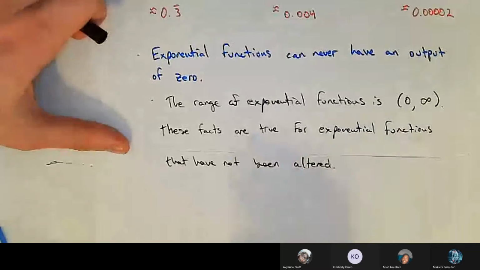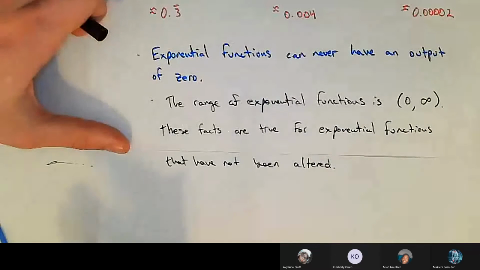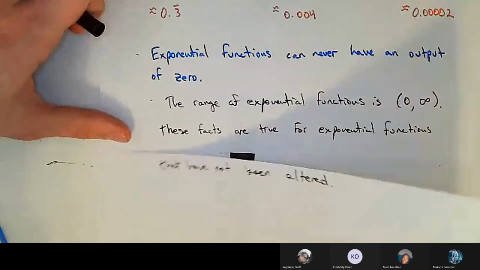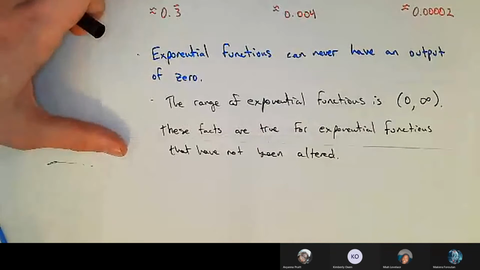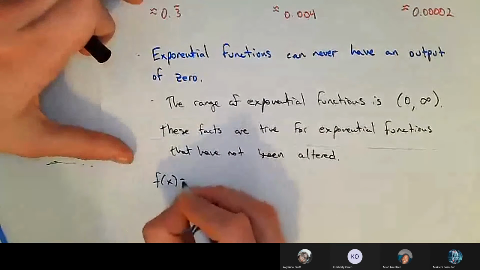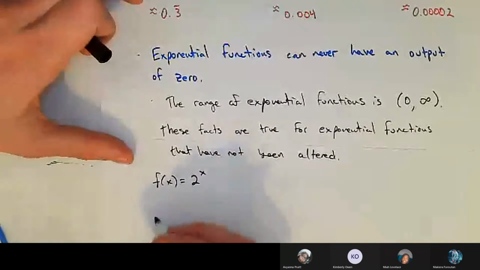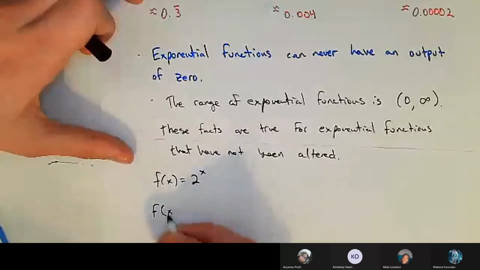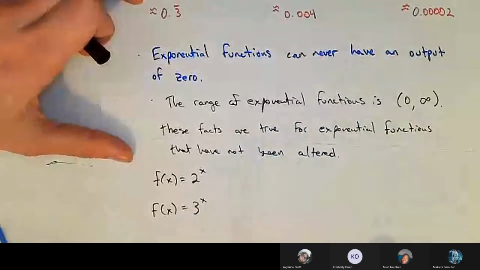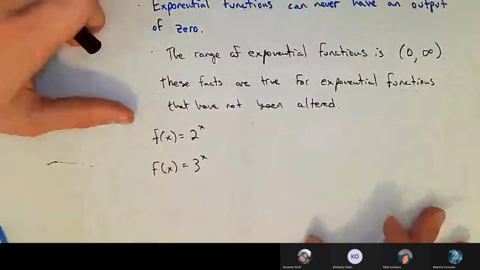So there's no stretching or shifting or flipping over the x-axis or y-axis or anything like that happening here. For instance, here are some functions that will behave this way. Maybe f of x equals 2 to the x, f of x equals 3 to the x. We already know these behave that way.